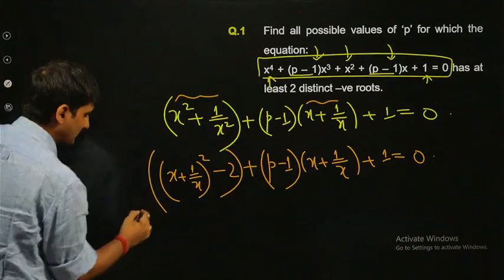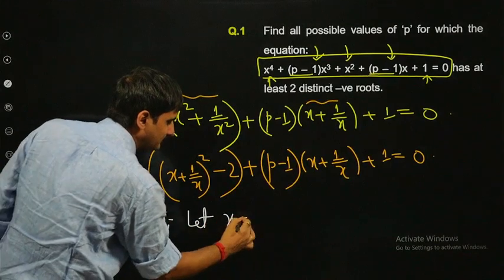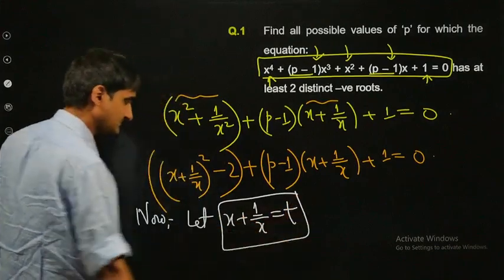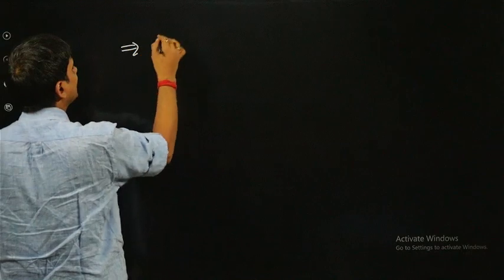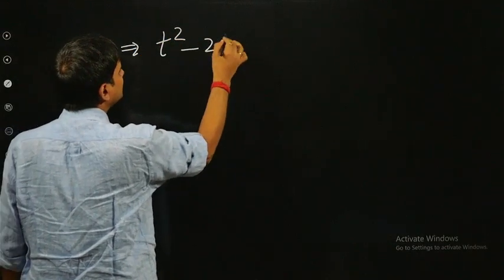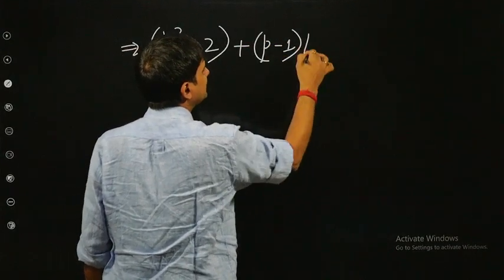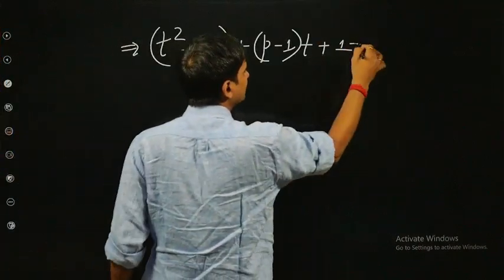Now let x plus 1 by x be t. So this implies you get t square minus 2 plus p minus 1 times t, plus 1, I believe, yeah, it's plus 1, equal to 0.